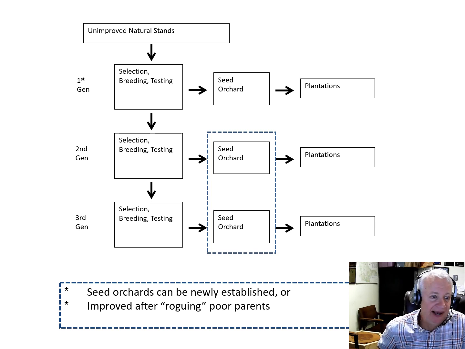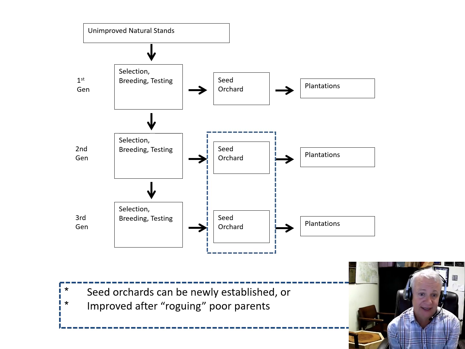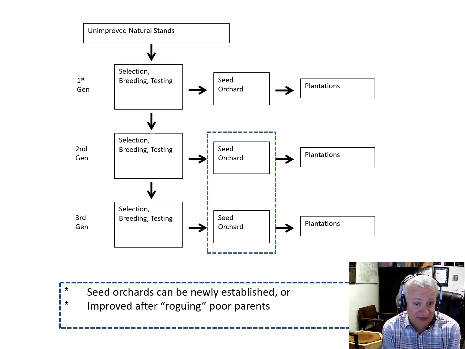In southern pines, we are now in or completing our third generation of tree improvement. So if you compare that to, for instance, other commercial crops like corn or wheat, those species have been through thousands of generations of improvement. Obviously, most of that was not formal improvement.